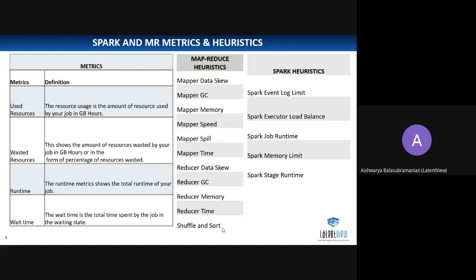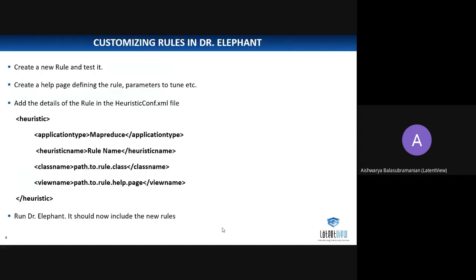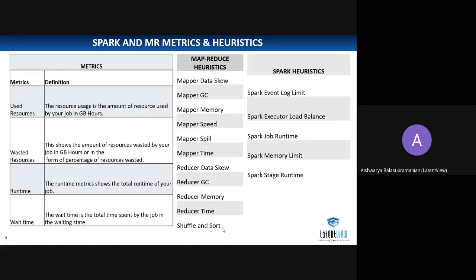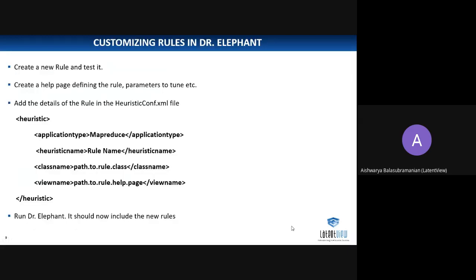Okay, I will move on to the next slide. This is what Anupriya was talking about, how to customize your rules in Dr. Elephant. If you are very sure about what rule has to be implemented, and it is not one among these, then you can customize and write your own rules. You can specify it for a MapReduce application or a Spark application. This is one example where you can set these parameters.